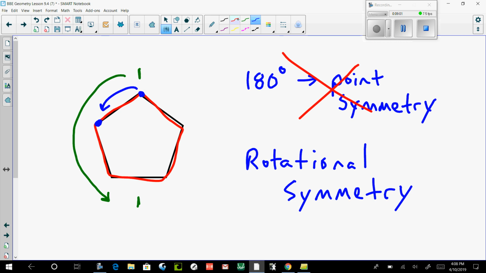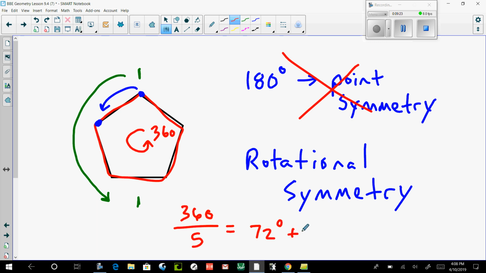If we wanted to figure out degrees for rotational symmetry, we take that full rotation, which is 360, and divide that by 5, because there are 5 sides. So 360 divided by 5 equals 72 degrees. So 72 degrees would be one rotational symmetry.